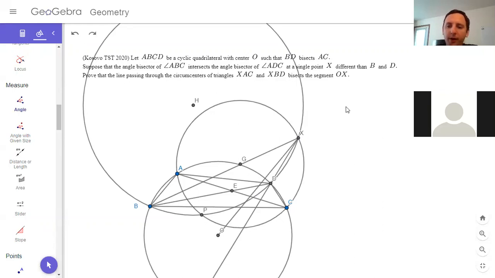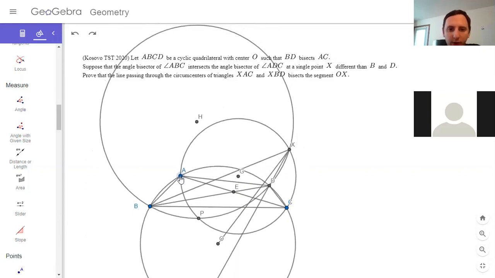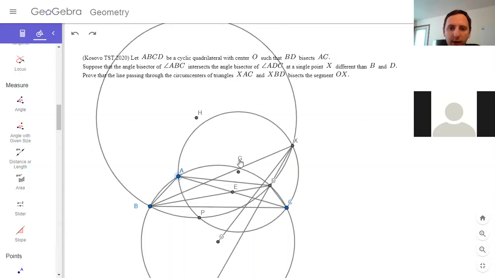Yeah. So what that person is saying, so we know GH bisects XP. So I'm going to actually move the figure around a little because it looks like G doesn't necessarily lie on either that line or the circle, but we know GH bisects XP because G and H are the centers of those two circles. So the line joining them bisects the radical axis, which is XP.